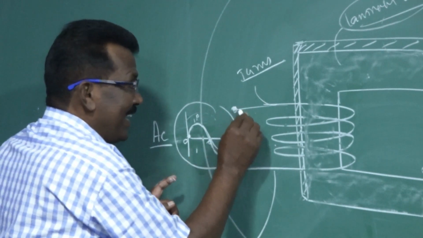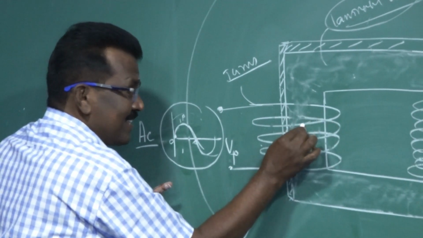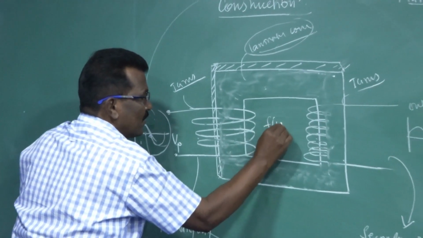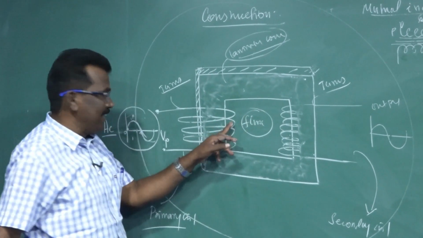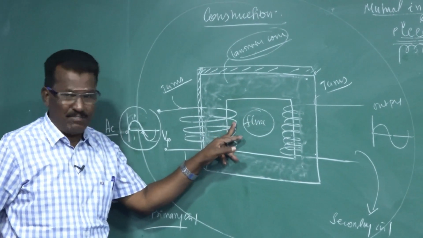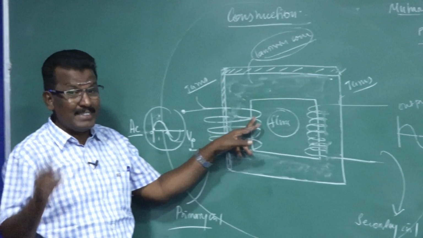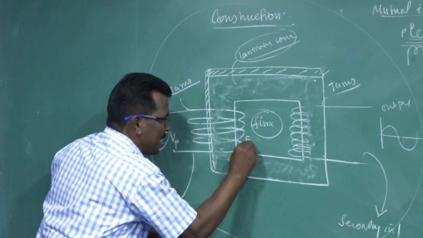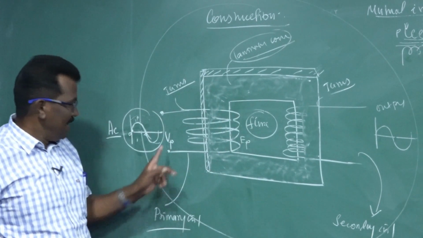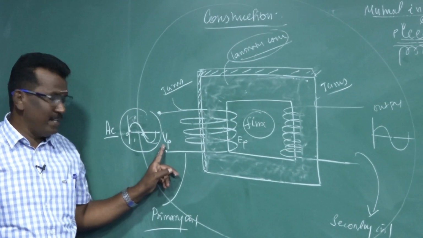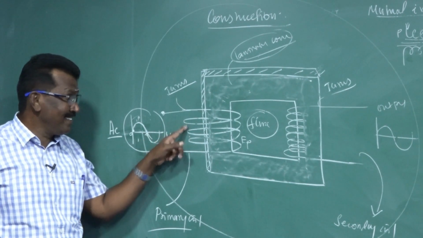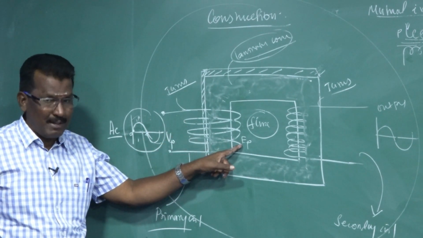So when the current continuously varies in this coil, there is a changing flux. If there is a changing flux, EMF is induced. That EMF is EP. Vp represents the applied alternating voltage. When the current changes, EMF is induced in the coil.